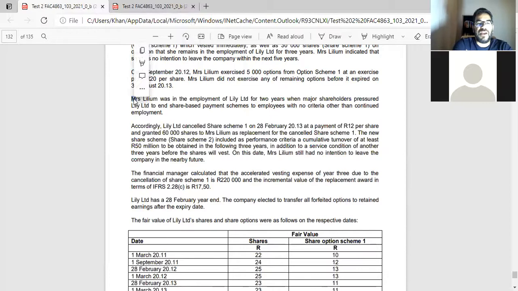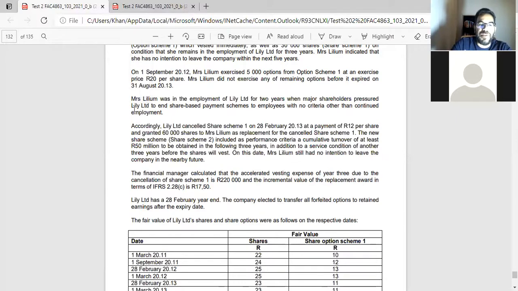Then we say, third paragraph, Ms. Lilliam was in the employment of Lilly Ltd for 2 years when major shareholders pressured Lilly Ltd to end share-based payment schemes to employees with no criteria other than continued employment. Okay, so they are just pressuring, nothing much over here.